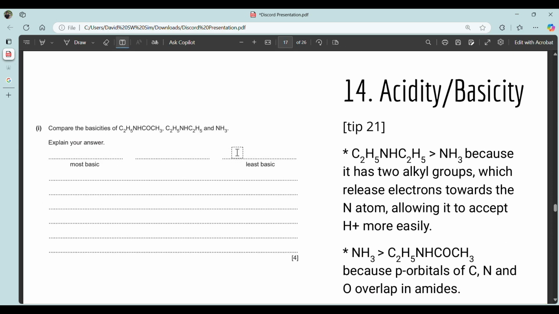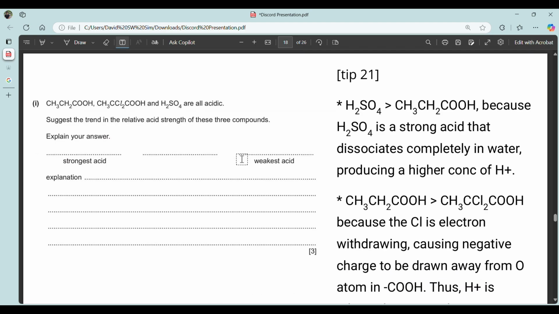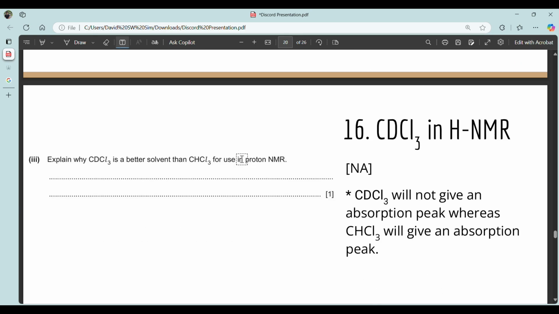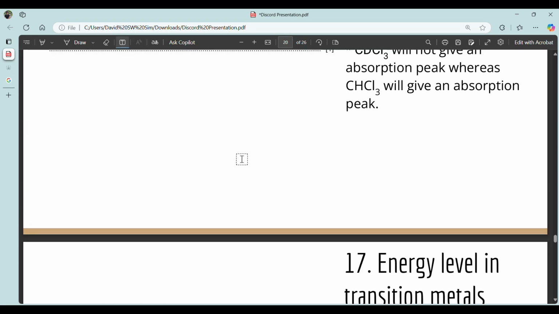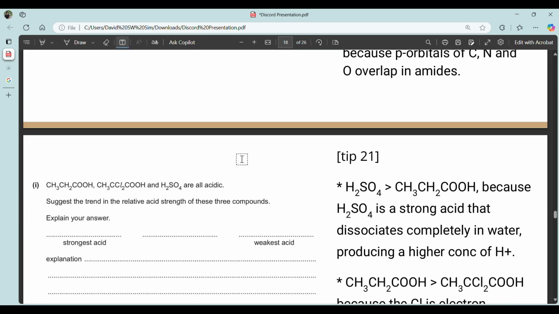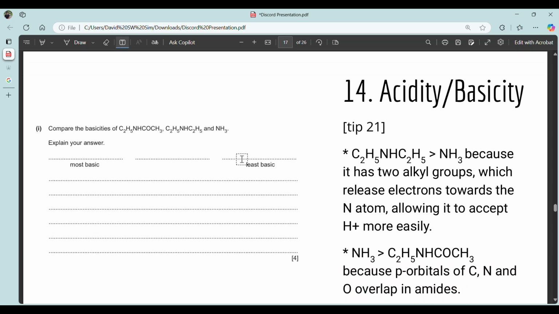Okay, so next, number 14, comparing acidity and basicity. We have a few more left. Acidity and basicity, so you will get these questions.